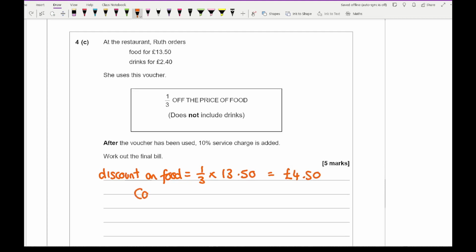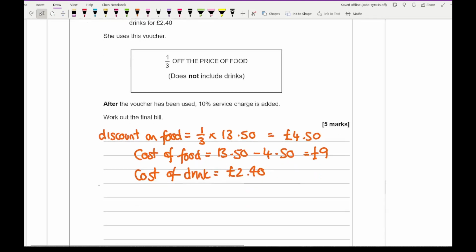So then if we write the cost of food, well, that's going to be £13.50 minus £4.50, which is going to give me a total of £9. Then we work out the cost of drink, which is £2.40.